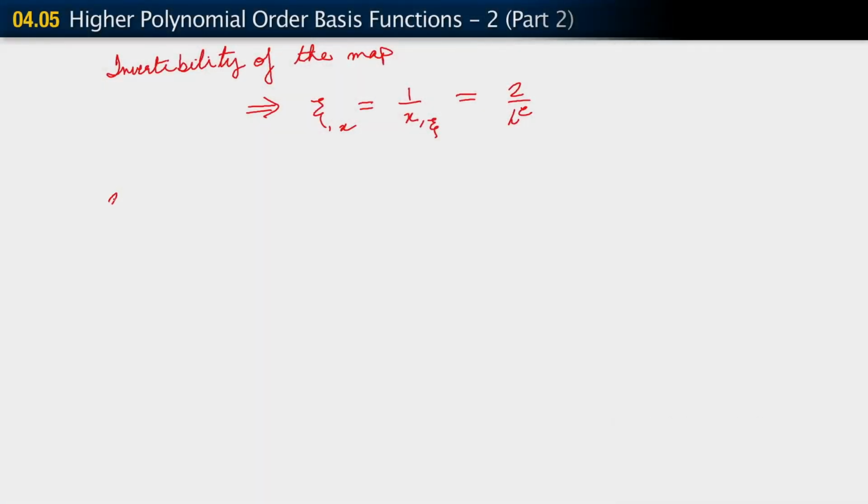Indeed, even the tangent of the map, x,ξ, remains equal to h^e over 2, which is a constant.